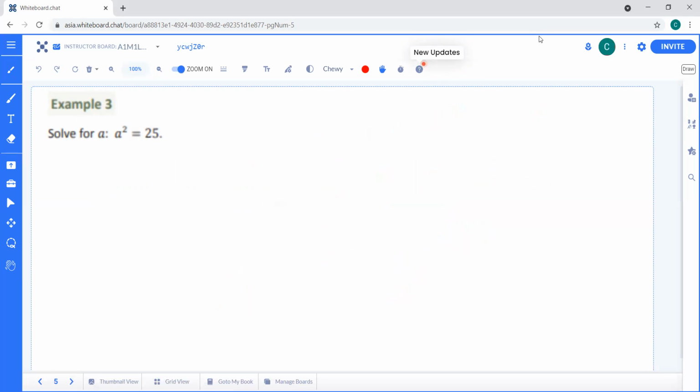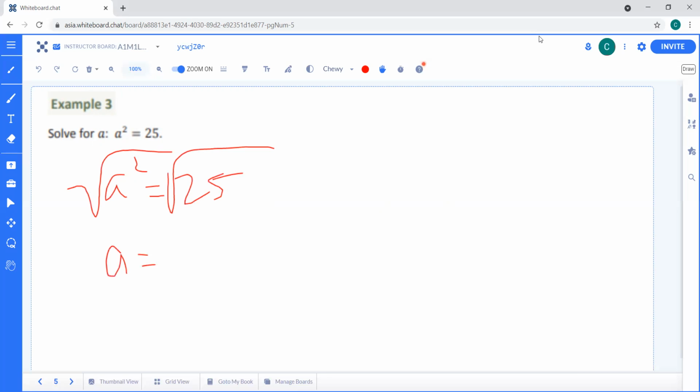For example, is a squared equal to 25? Well, sure, because we would say a squared is equal to 25. How do you solve that? Well, you would say the square root, a equals 5. But when you take the square root of something, it's going to be plus or minus.